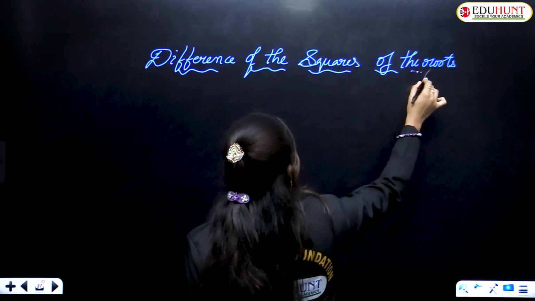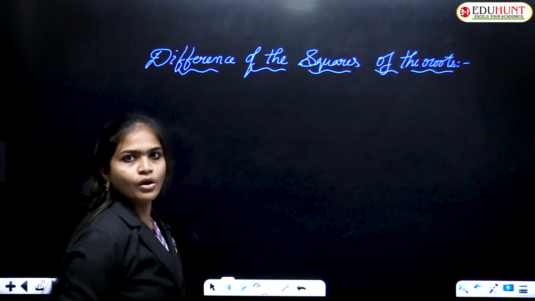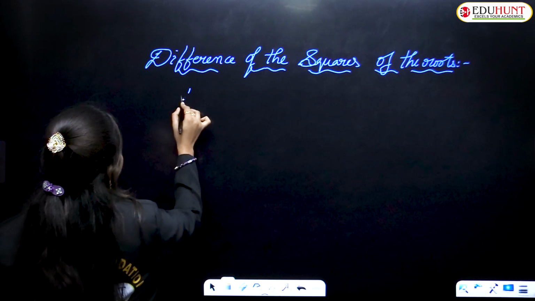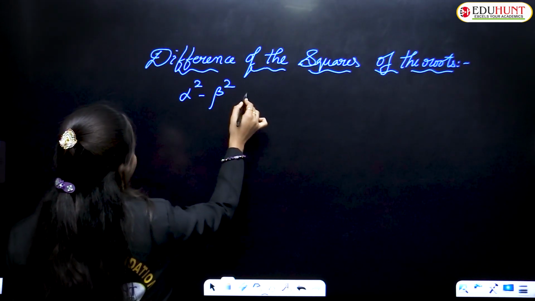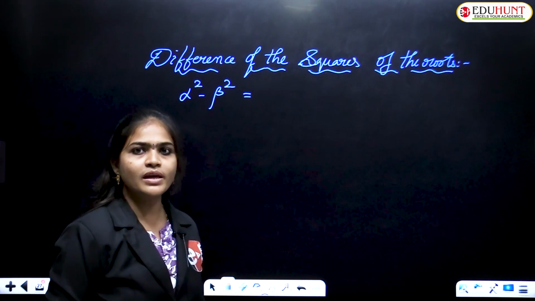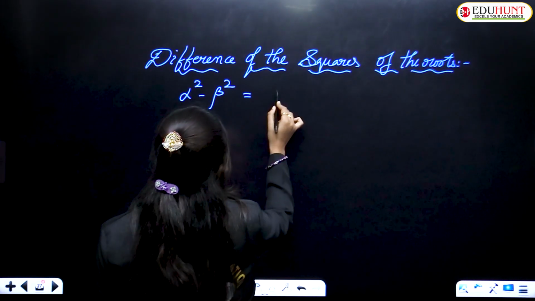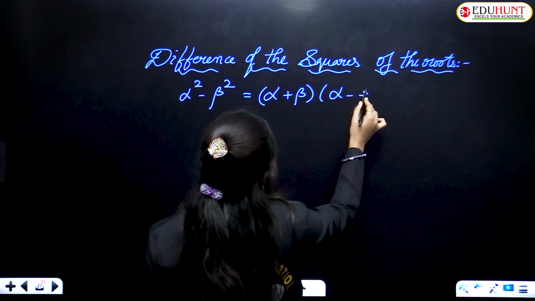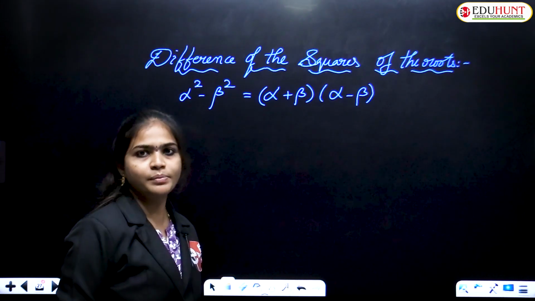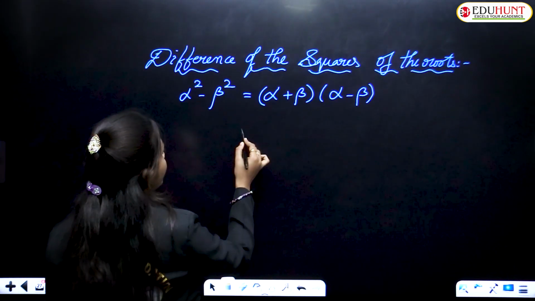Here, difference of the squares means alpha square minus beta square. What is that value? Alpha plus beta into alpha minus beta.